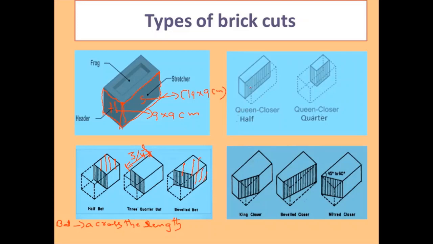Then next one is the queen closure. In case of the bat we made the cut across the length, and in case of queen closure we have to make the cut along the length. If this is the complete brick, and you cut the brick longitudinally like this, then this remaining portion of the brick is called a queen closure.